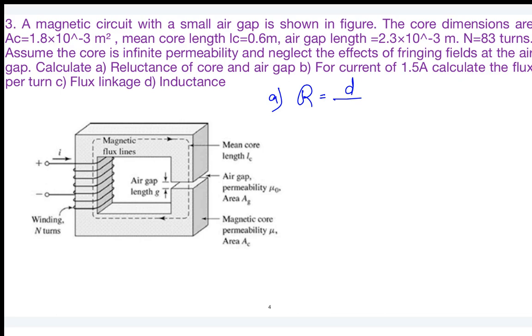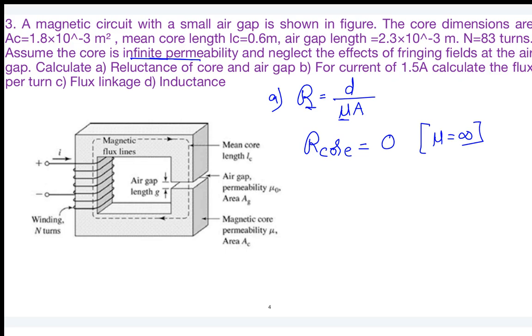What is the reluctance of the core? Very good. Reluctance of the core is equal to 0 because I have given mu is equal to infinity. Right. Because the core is having infinite permeability, the reluctance becomes 0.